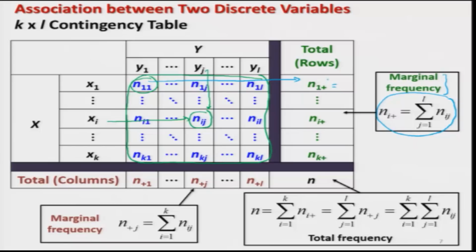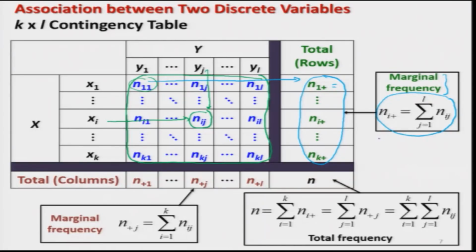The values in this column, which indicate the totals of the rows or the sum of the frequencies in different rows, are called marginal frequencies. More precisely, these are called the marginal frequencies of x, for the different classes x1, x2, up to xk.